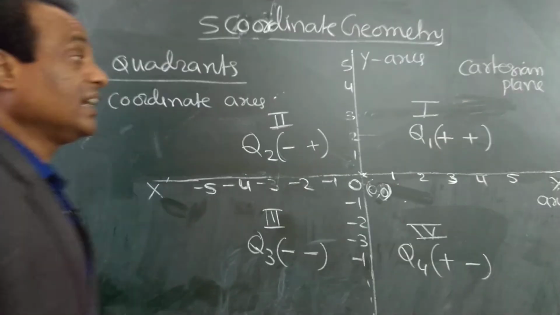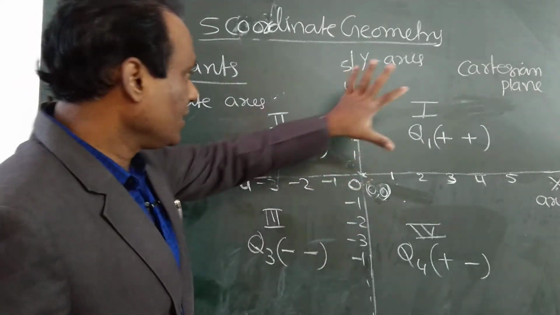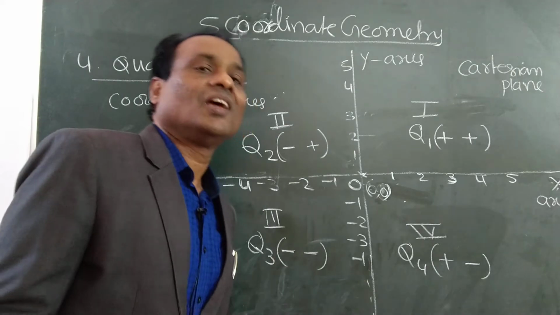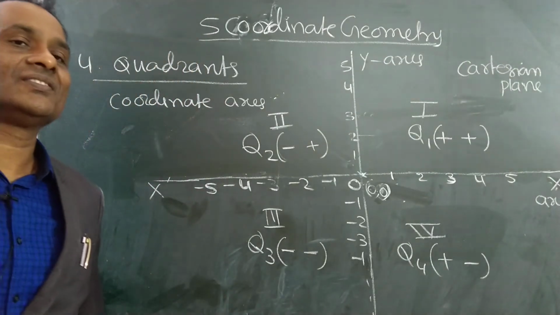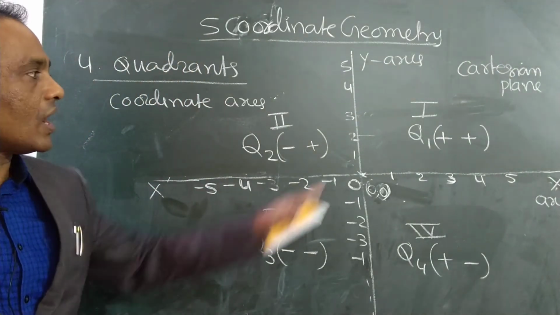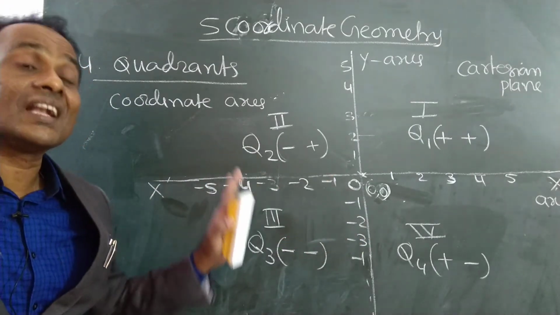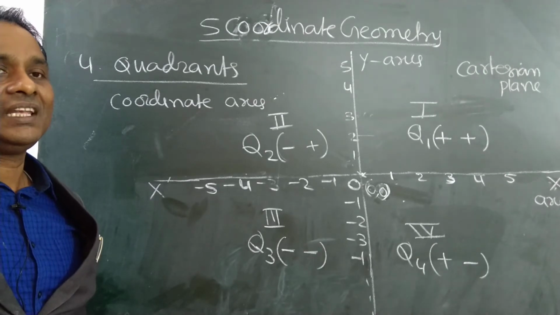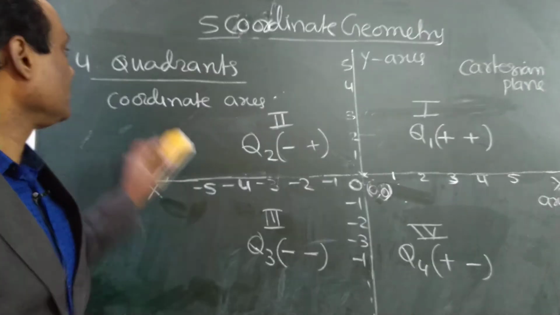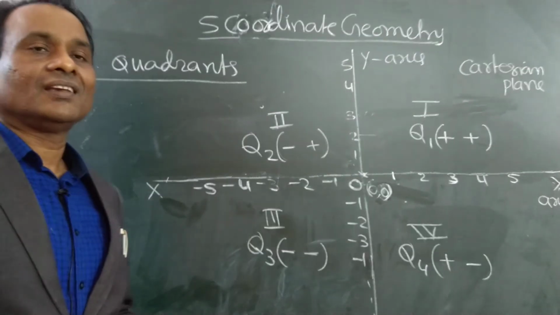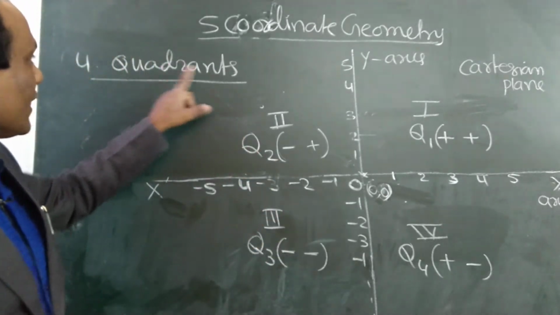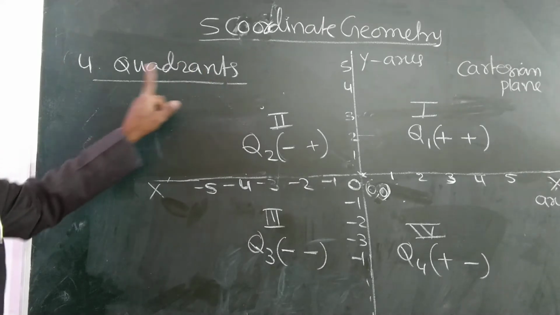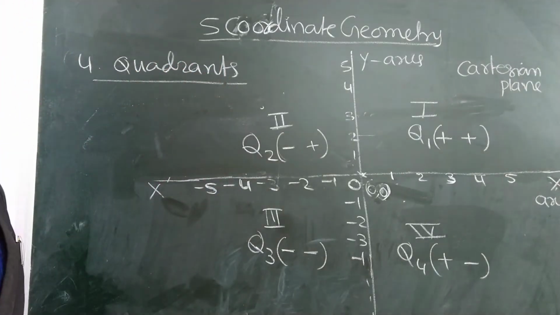Coordinate axis divides the Cartesian plane into 4 parts. They are called quadrants.